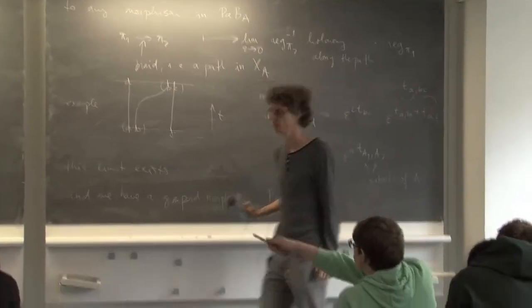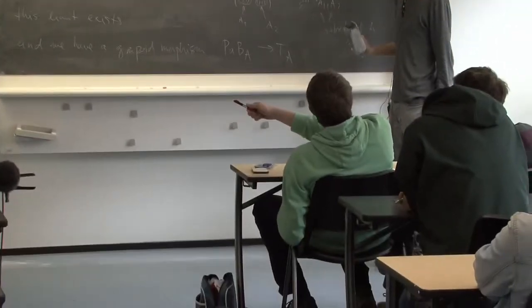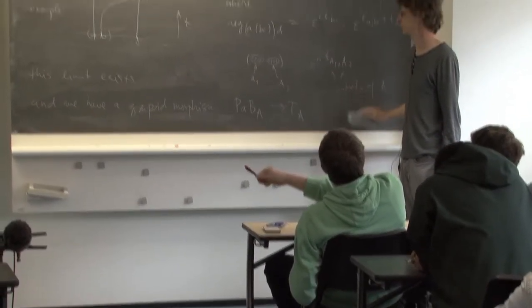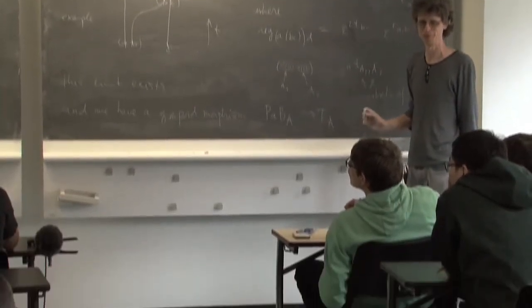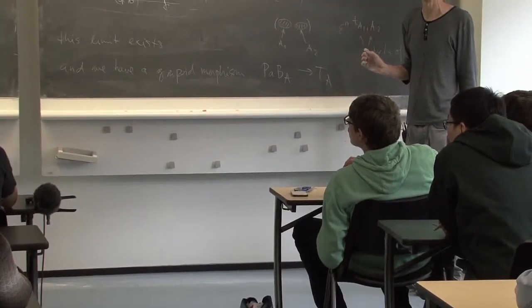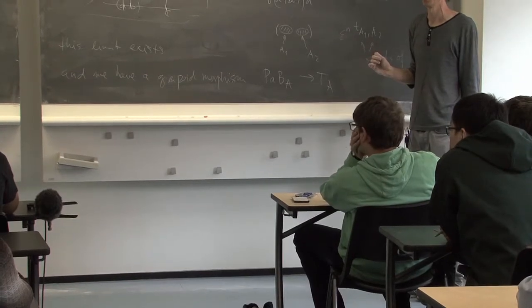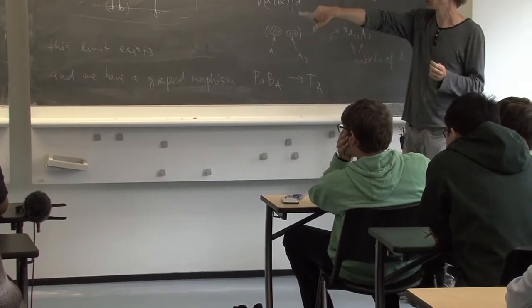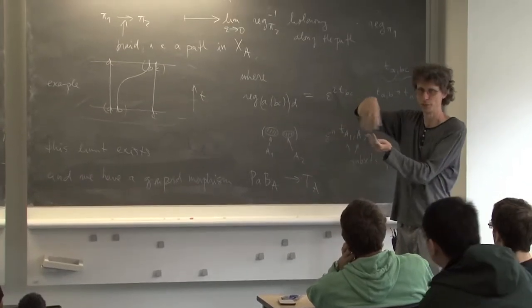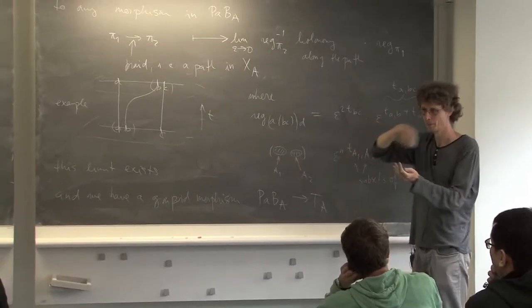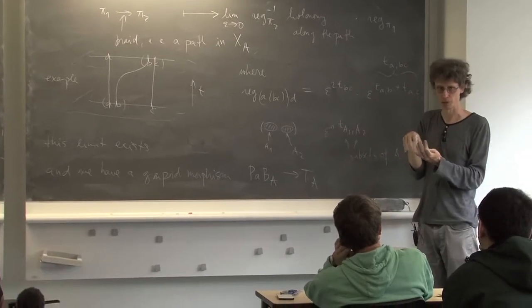Sorry, can I ask you, so the objects here still depend on epsilon? Objects of PAB contain no epsilon whatsoever. Right. No, it's like we chose some epsilon to assign to each object a sort of base point. So that base point depends on epsilon.